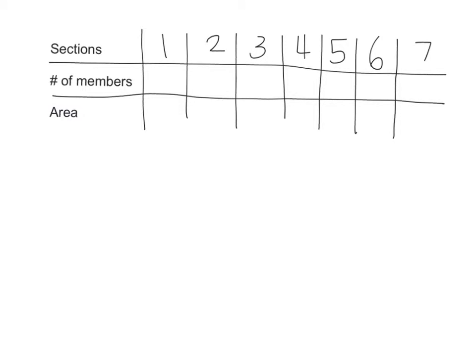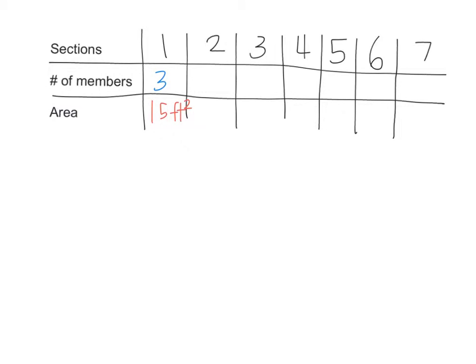Okay, so let's look at our diagram that you drew in your notebook. And if I had one section, how many members would be digging in that one section? Shreya? 3. And what would the area be of one section? 15 square feet, yeah. Okay, what if I had 2 sections? How many members all together would I have digging if I had 2 sections working on my dig site?